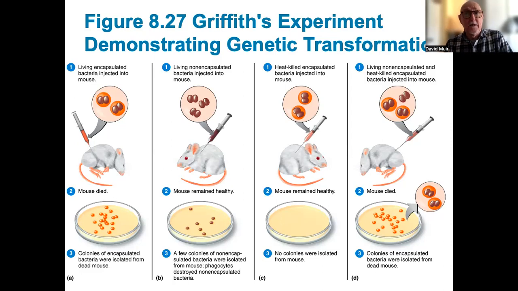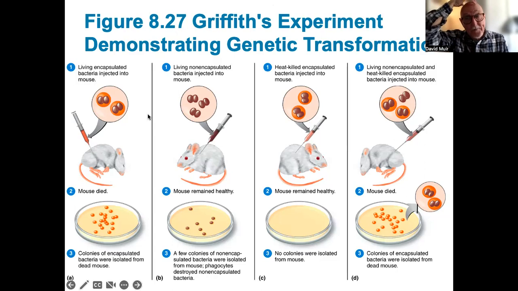So the principle of the first type of acquisition of DNA was shown by Griffith. And you probably saw this to some extent when you did the Howard Hughes Medical Institute exercises on DNA. But I'll go over it really quickly again.